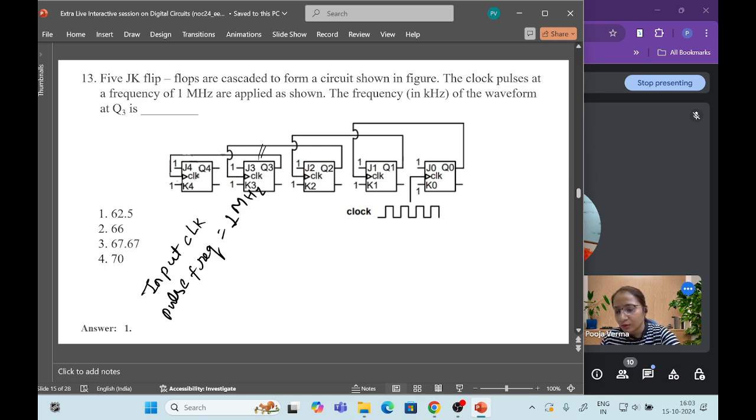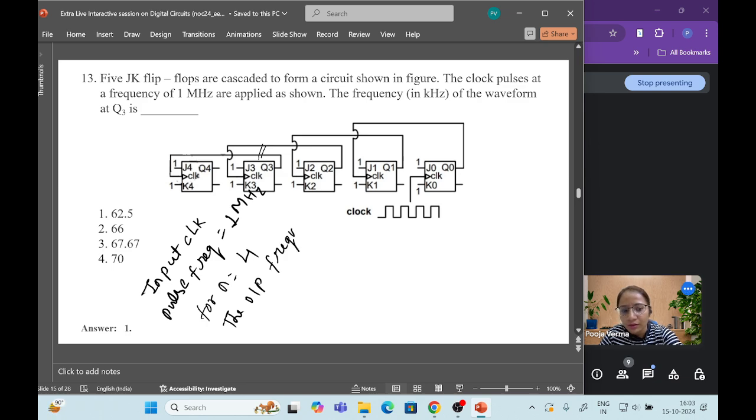Okay. So here if we count at each flip-flop, so Q0, Q1, Q2 and Q3. So for n is equal to 4, that means for the fourth flip-flop, we will be taking the output frequency at Q3, so that means at the fourth flip-flop, right?